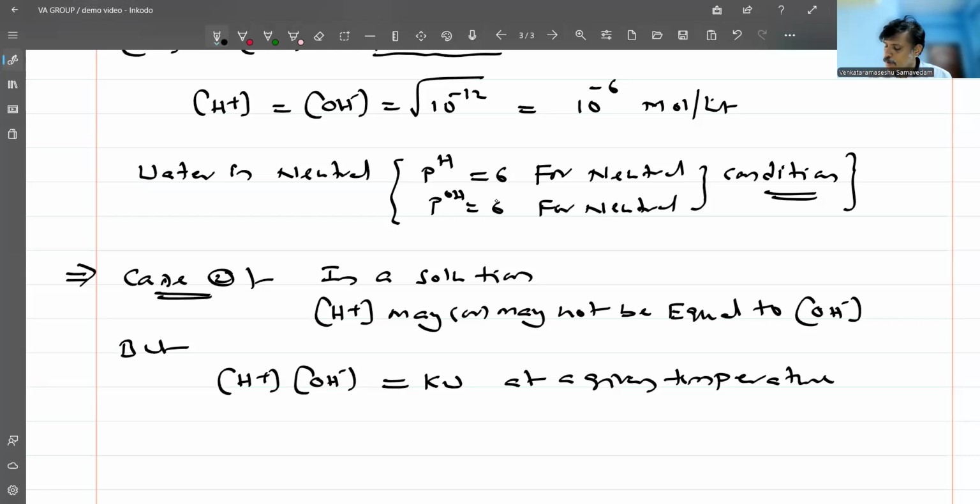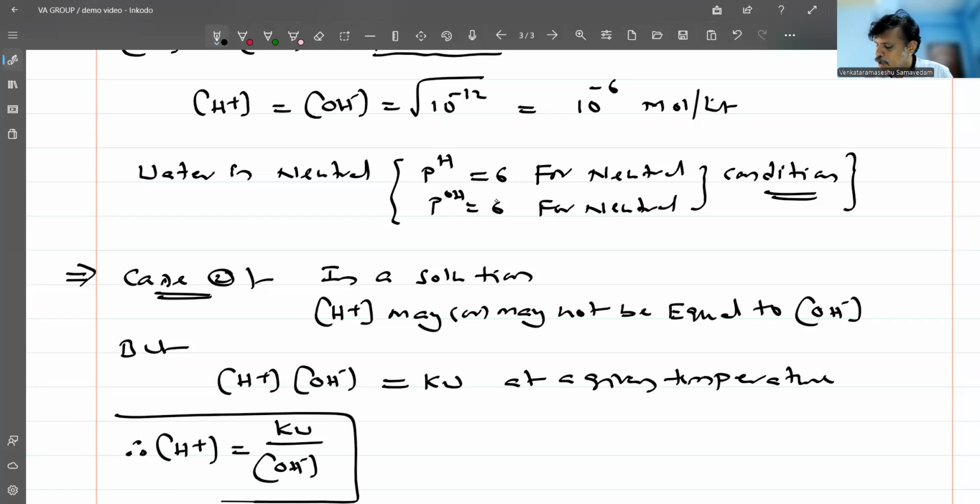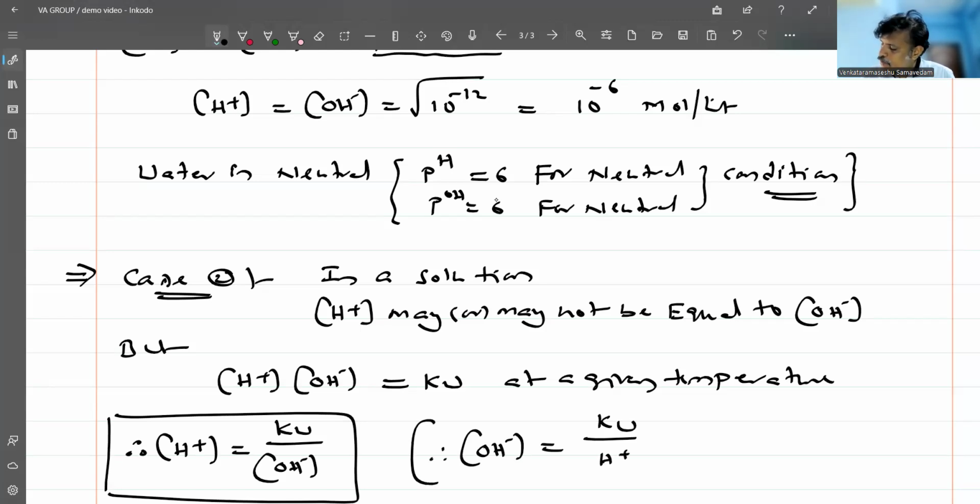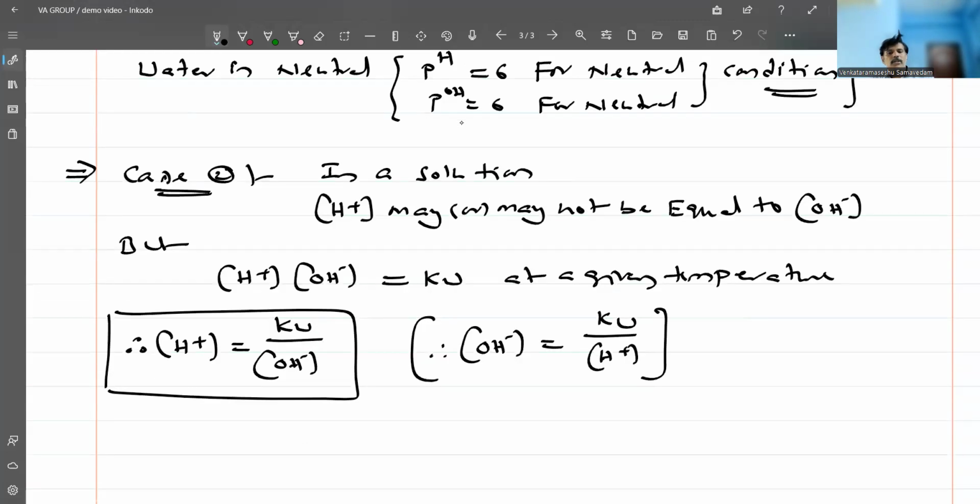Therefore, if I want to find H plus ions concentration at that particular temperature, and you know OH minus ions, I will use the formula H plus ions concentration is equal to Kw by OH minus ions. Or if you know H plus ions concentration and want to find OH minus ions concentration, OH minus ions concentration is equal to Kw by H plus ions concentration.